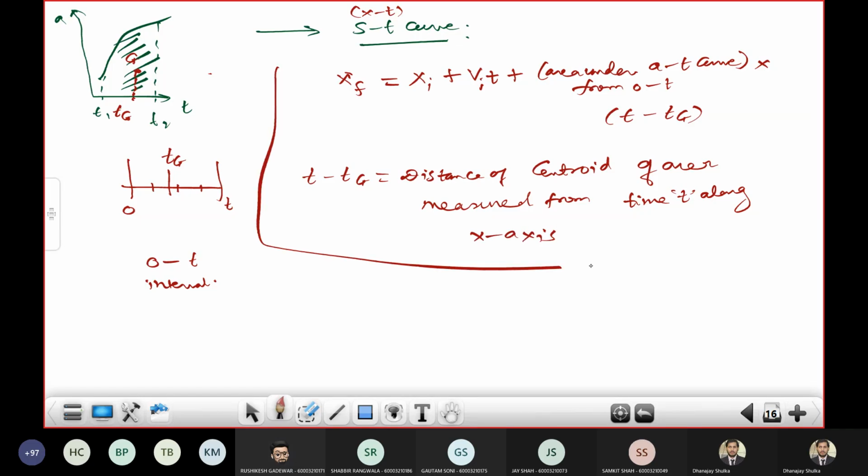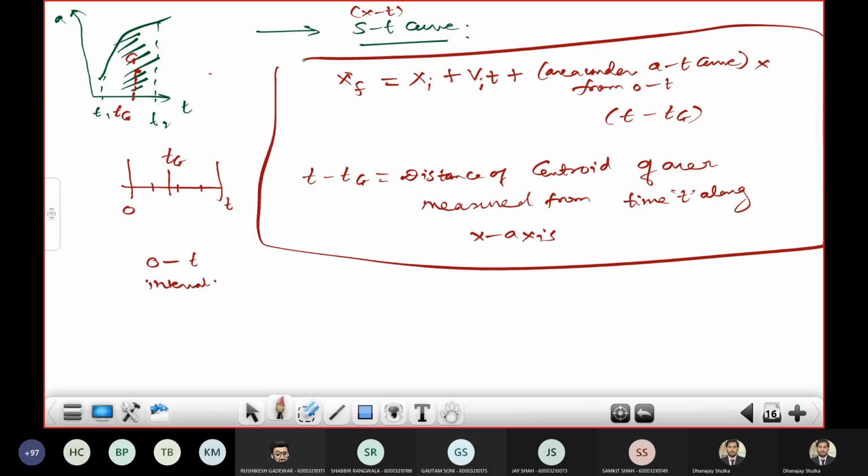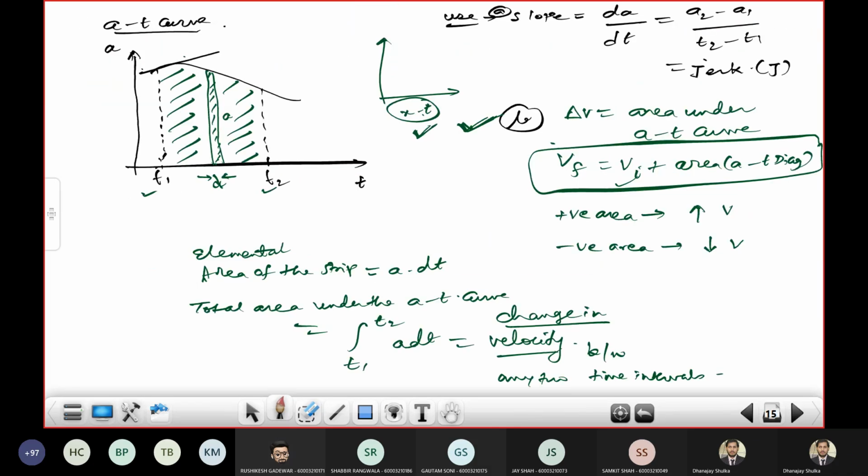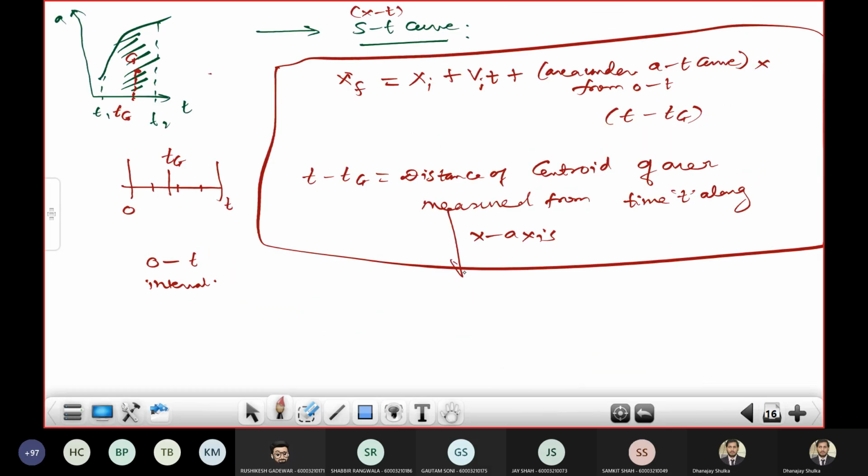Are you getting me? We will see this in the numerical when we solve, and both the results will be the same. The results which we get from v to x, and which you get from here directly, both will be the same. We solve the same numerical with both the methods and check whether we are getting the same value or not.